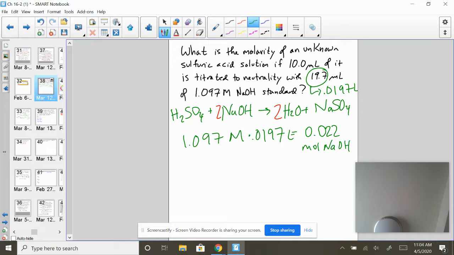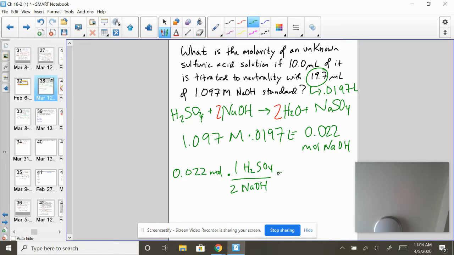All right, so now I'm going to take those 0.022 moles and multiply them by our mole ratio, which we get from the coefficients of our balanced chemical equation. So I'm going to multiply it by 1 H2SO4 over 2 NaOH.